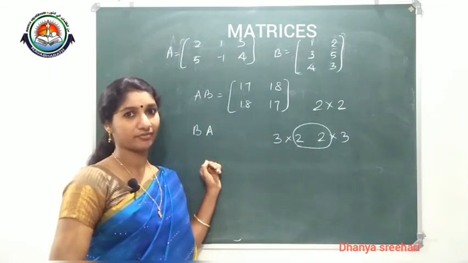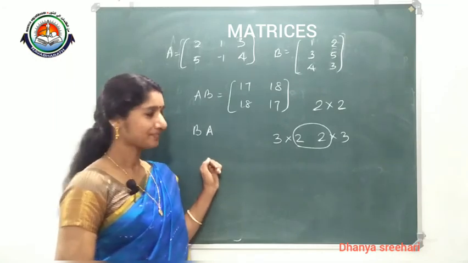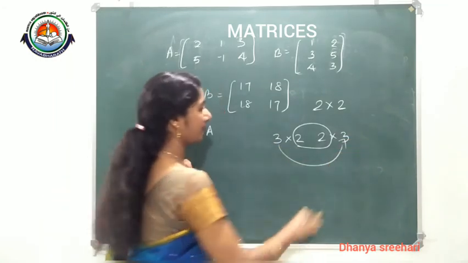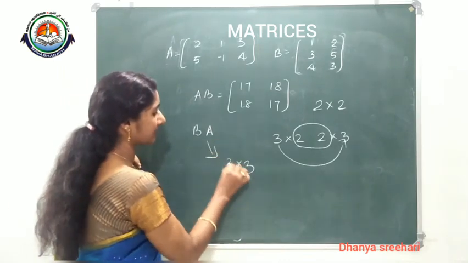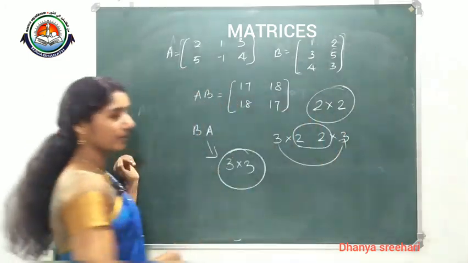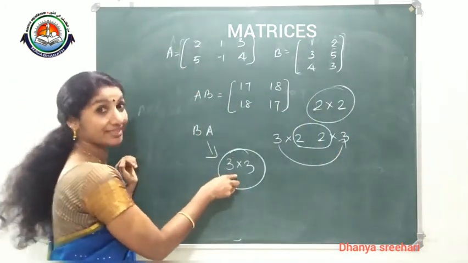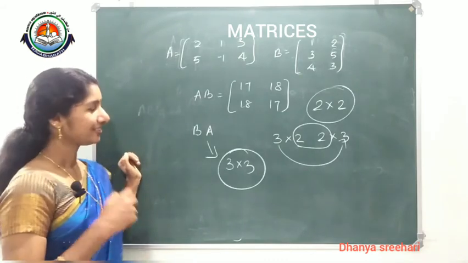BA is defined. So what will be the order of BA? BA is a 3 by 3 matrix. AB we got as a 2 by 2 matrix and BA as a 3 by 3 matrix.